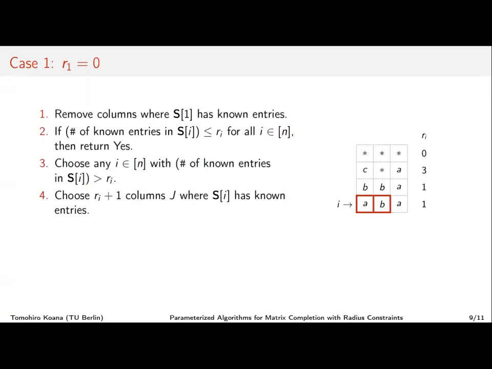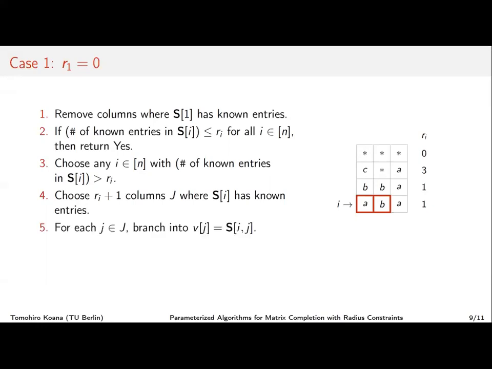We pick such a row, and for that row, we choose R+1 columns where the row has non-entries. And then we branch.